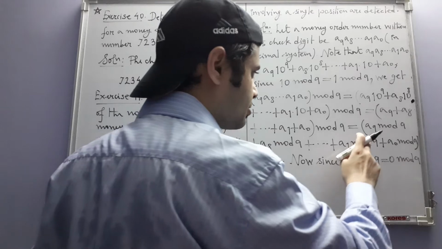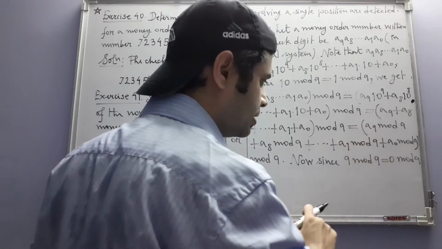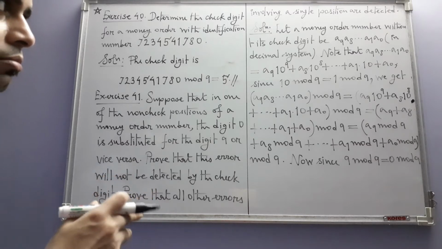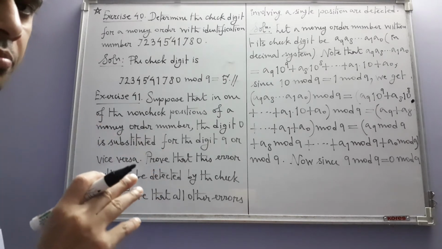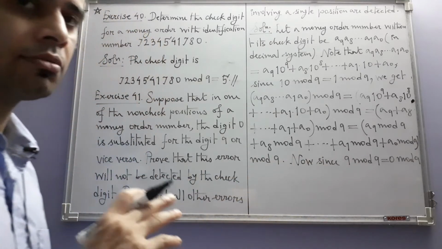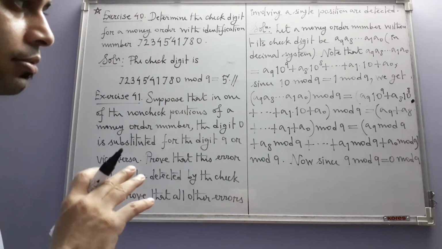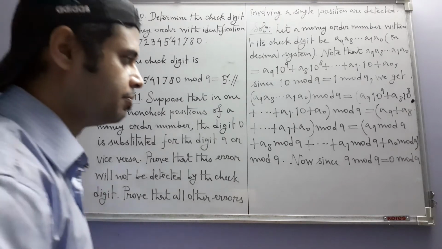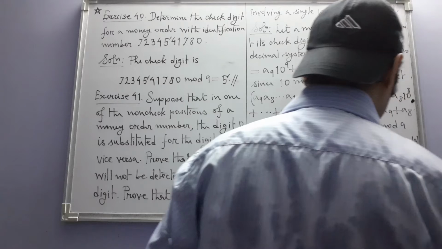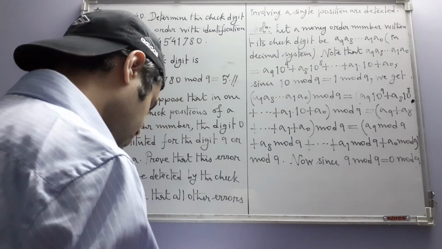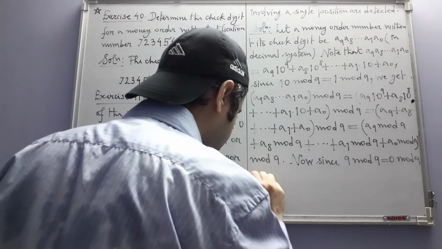And conversely, if you have a 0 digit, then in place of that you can write 9. Actually that will be a mistake, but because of this equation, that mistake will not reflect on the check digit. The check digit will continue to be the same. So the language is this: the check digit stays unchanged.